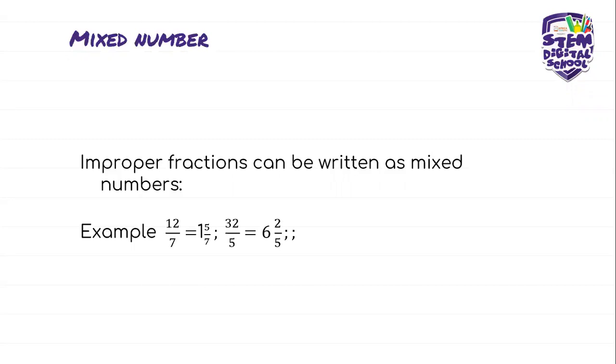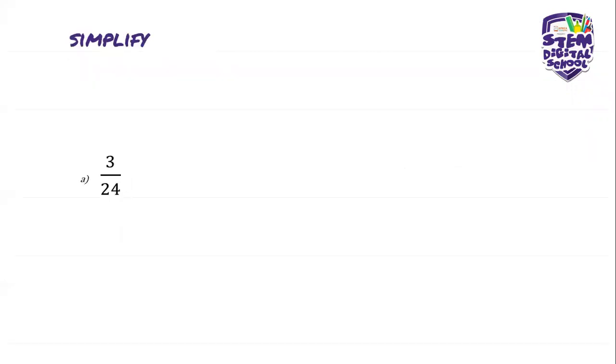So every time when you simplify an improper fraction, you are bound to get a mixed number, unless you are using decimal fractions, because we also have decimal fractions. So in this case, this is what we have by the mixed number.